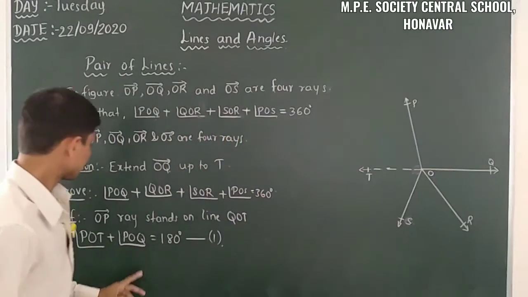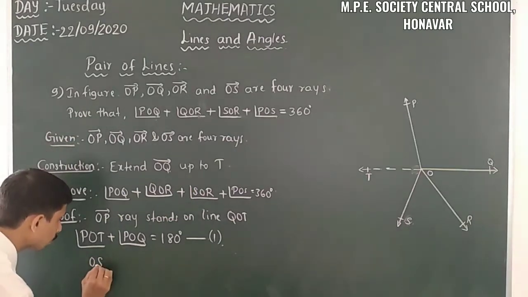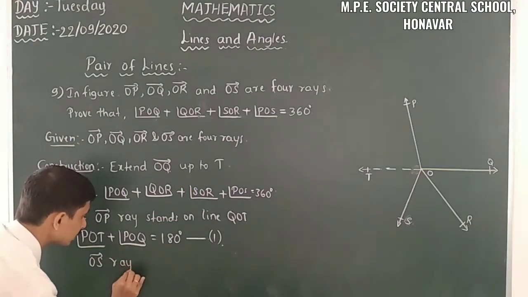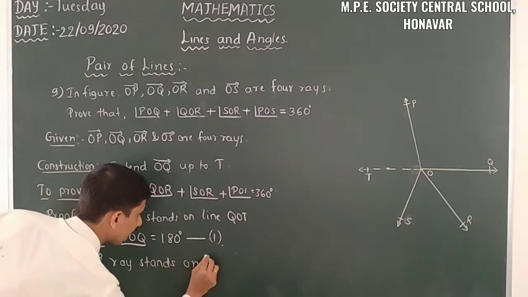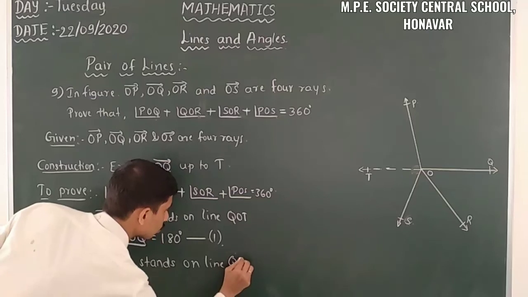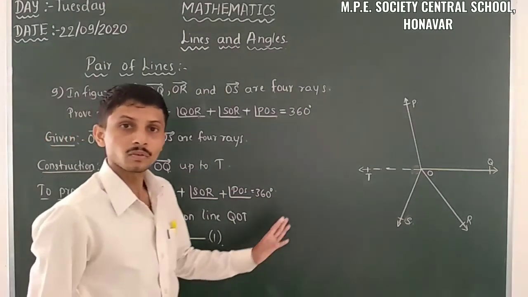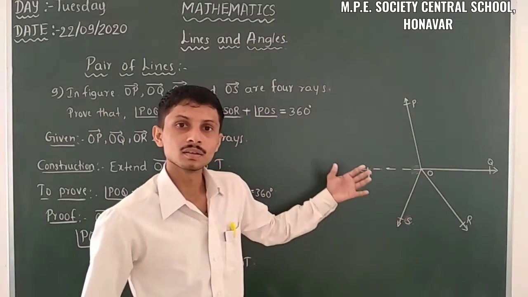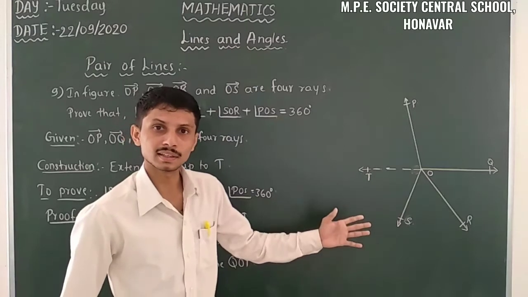So just take ray OS standing on line QOT here. Then what happens? The adjacent angles are supplementary, that is, the sum of adjacent angles is 180 degrees.